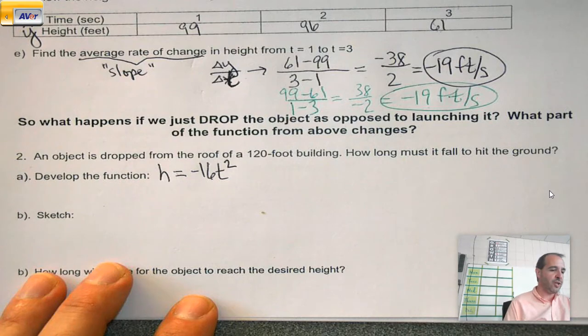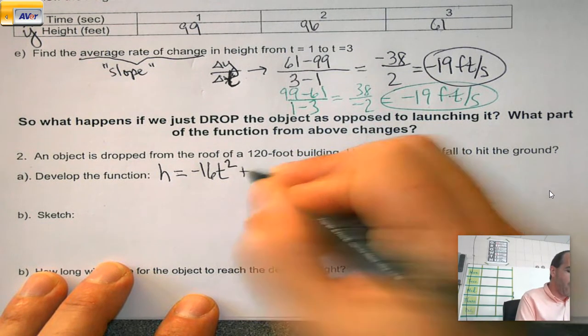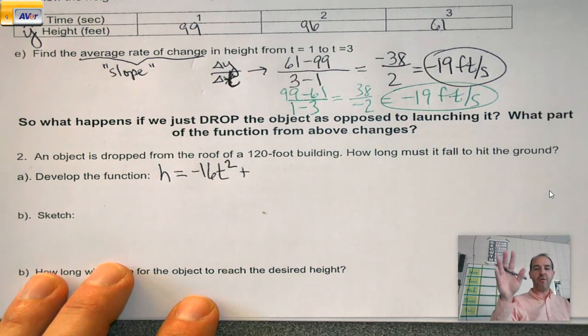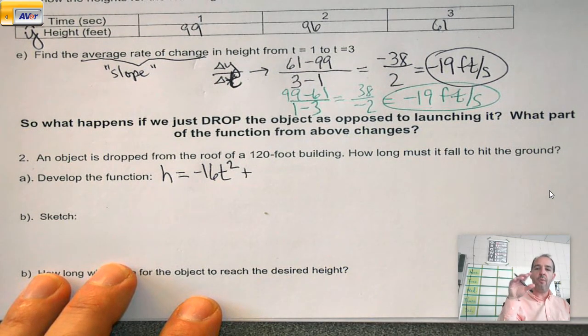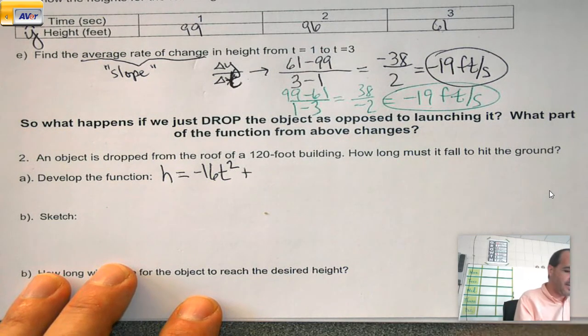But here's the question. Normally we say our initial velocity, if I haven't thrown it, if I haven't launched it, I just drop it, what would that initial velocity be? I'm not adding anything to it. I'm just letting gravity do its thing.